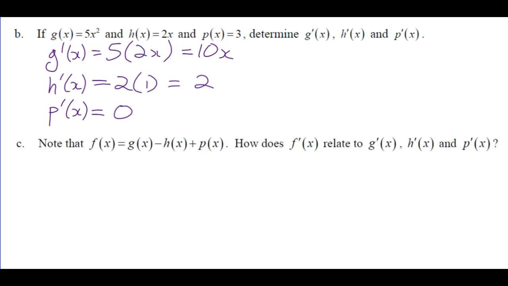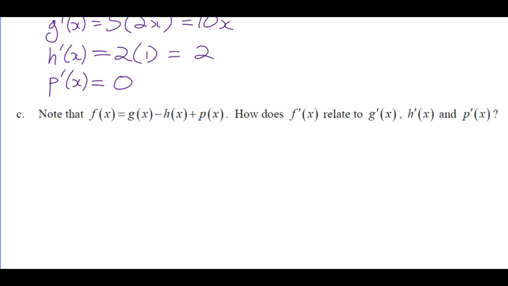Note that f of x was 5x squared minus 2x plus 3, right? It's g of x minus h of x plus p of x. And f prime of x, how does that relate to g prime of x, h prime of x, and p prime of x? So what are we going to say f prime of x is equal to? You might have to look a smidge up your page.